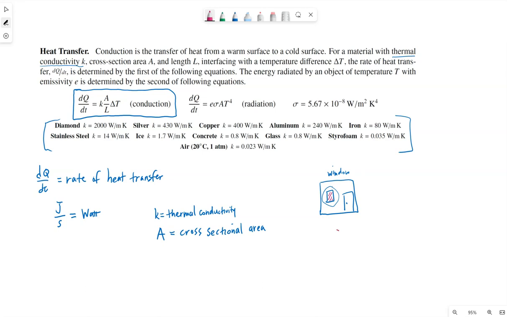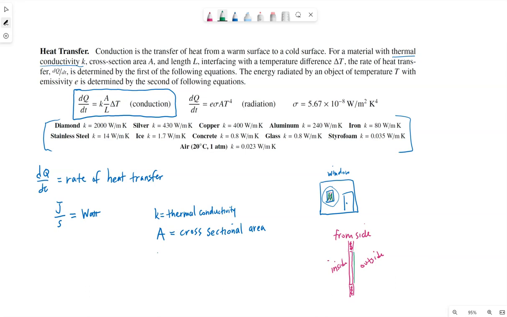So if I were to draw from the side, my window, I would see just that little thin pane of glass. And then, of course, I just see the house, the walls as well. So we would have inside the house versus outside the house. A, the cross-sectional area, is essentially that rectangular area of the window that bounds between inside and outside.